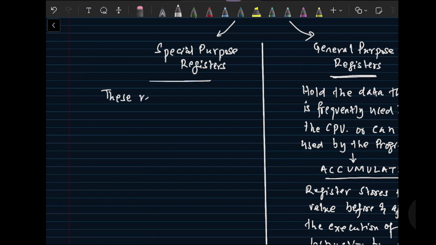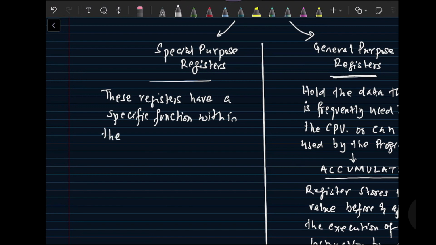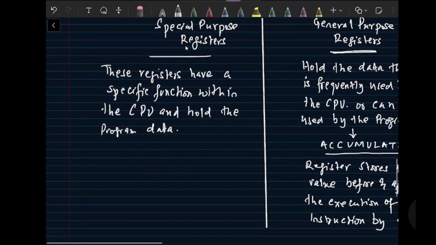These registers have a specific function within the CPU and hold program data. They hold all sorts of data and the addresses. Okay.